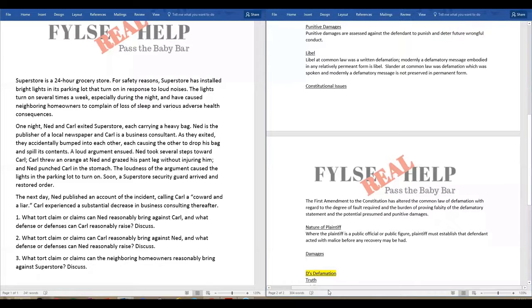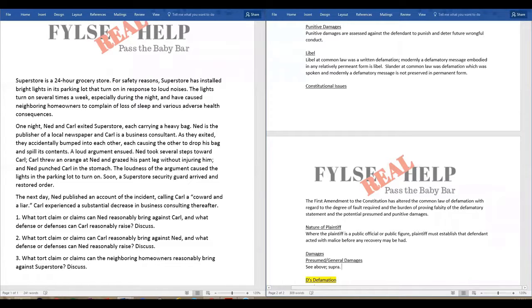So here what we're going to do is put down our presumed general damages, and then we're going to do see above. You can say supra, you can say see discussion above, whatever you want to do.